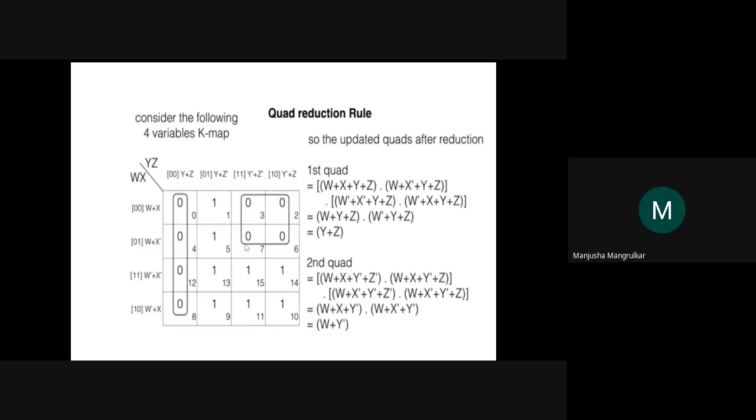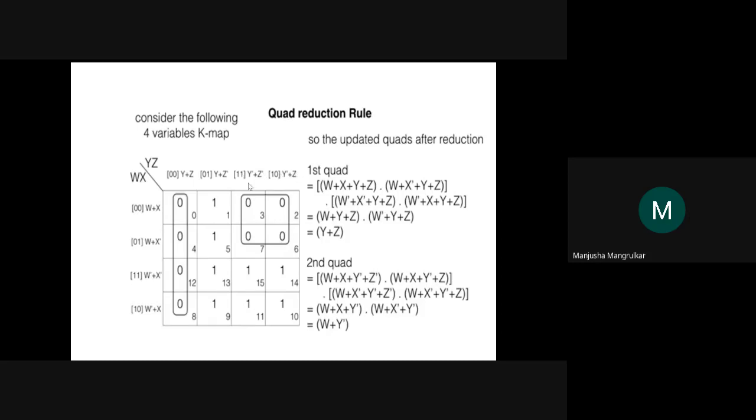Now consider this four pair. Here w plus x and w plus x complement, right? Now here y complement plus z complement plus y plus z complement. What is not changing here? W is not changing, right? X is changing, so pick up the w. Now what is changing here? Z is changing, y is not changing.